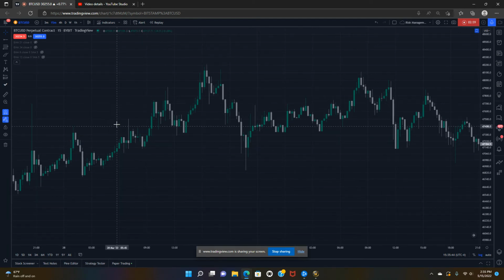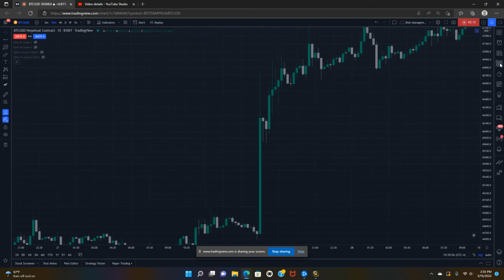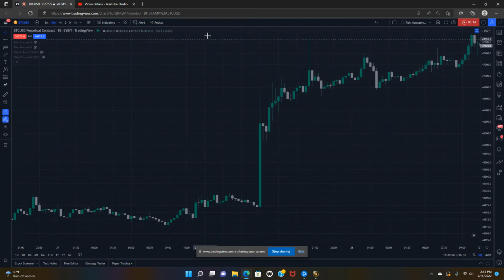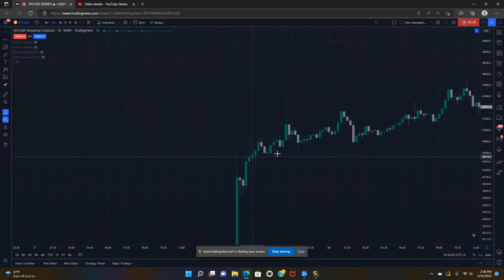So not really a great example here. So here's a good example of where it didn't work out, right? Maybe you were looking at this as an impulsive move, clearly an impulsive move, and then you see this distinction, right? Price runs up and then slams down.